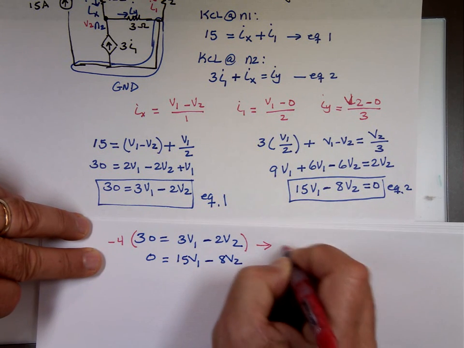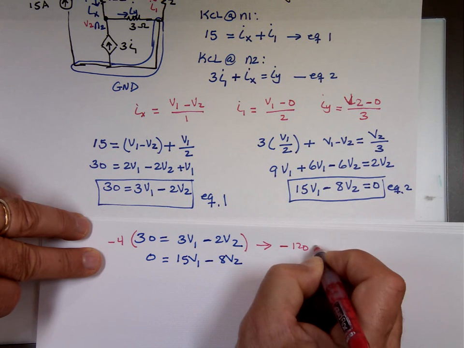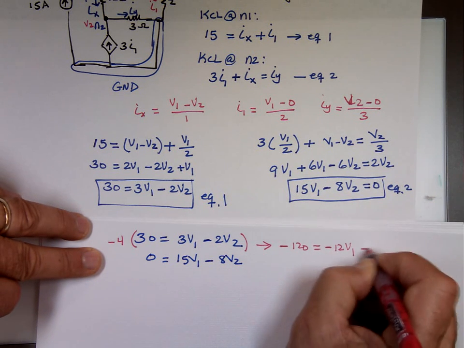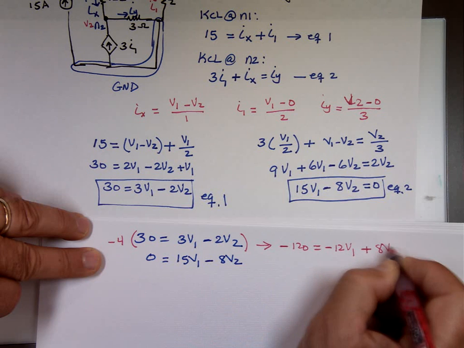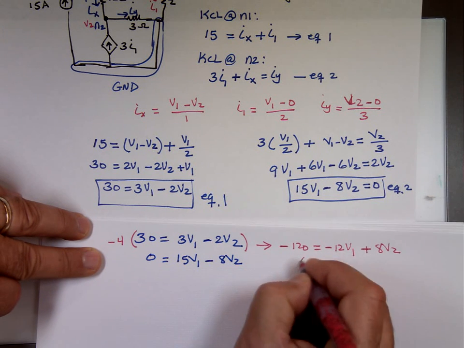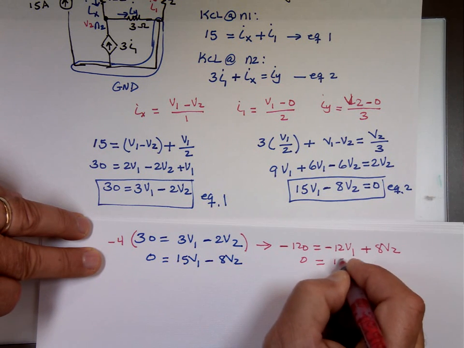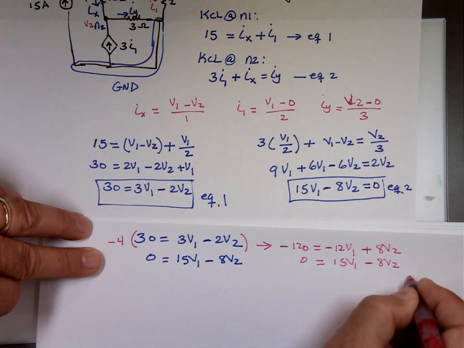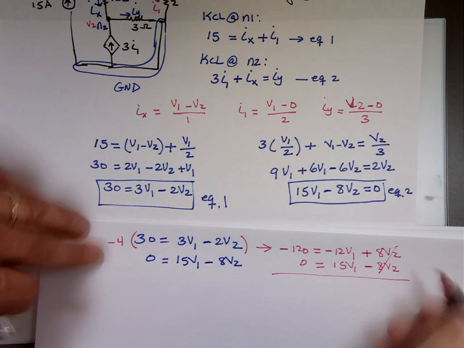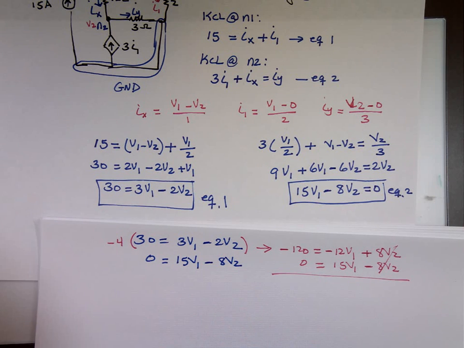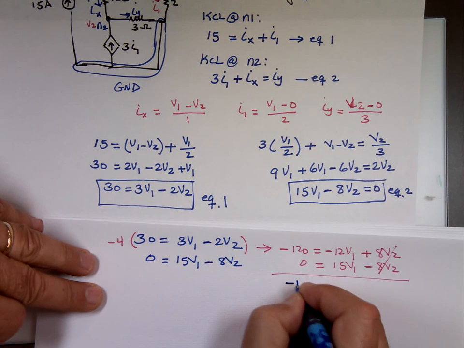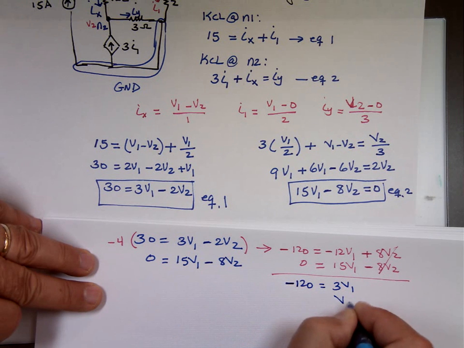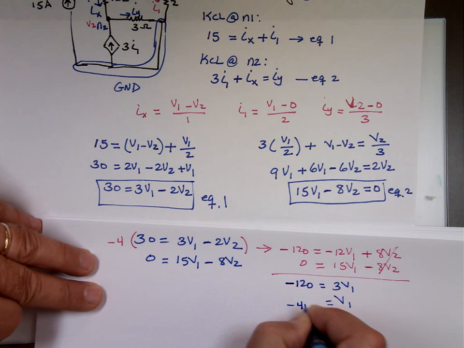That gives me negative 120 equals negative 12V1 plus 8V2. Leave the bottom one alone. And when you add them, the V2 terms are gone. What do we have? Negative 120 equals 3V1. V1 equals negative 40 volts.